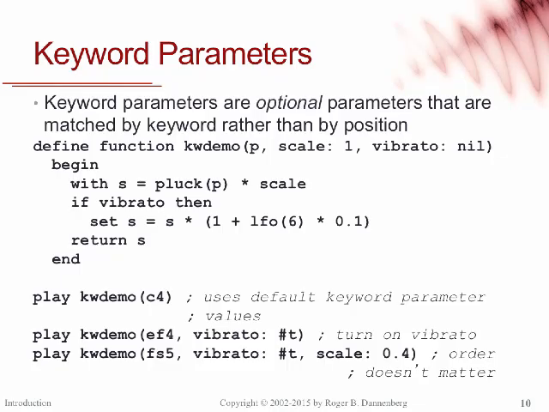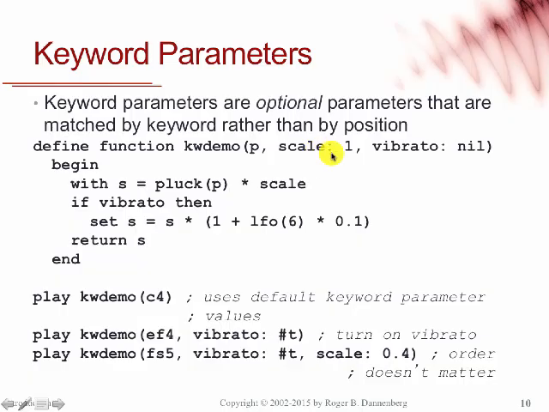We mentioned keyword parameters earlier, talking about how to call functions. So let's talk about how we implement keyword parameters. Keyword parameters are optional parameters that are matched by keywords rather than positions. So here's the definition of a function, keyword demo. It has one positional parameter, P, and it has two keyword parameters, which are scale and vibrato.